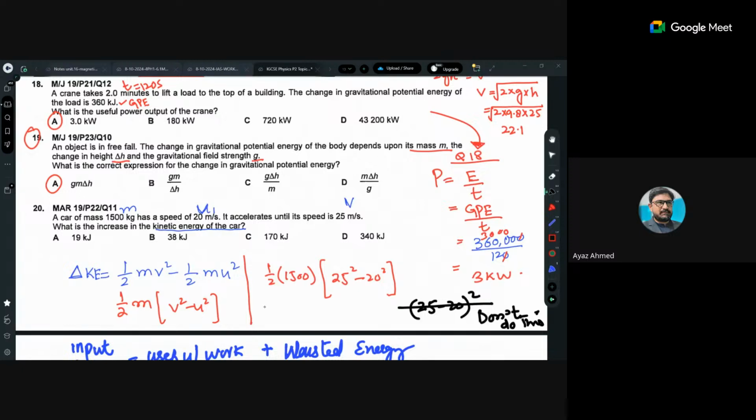Okay, yes, let me know the values. 25 square minus 20 square.